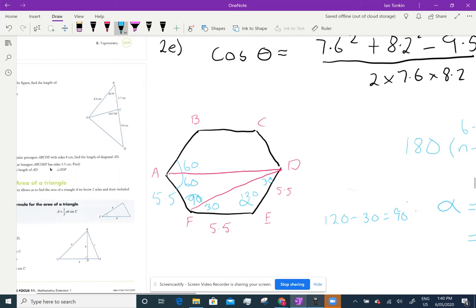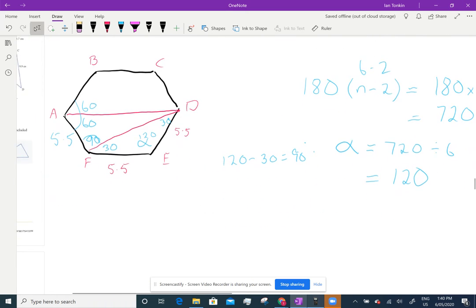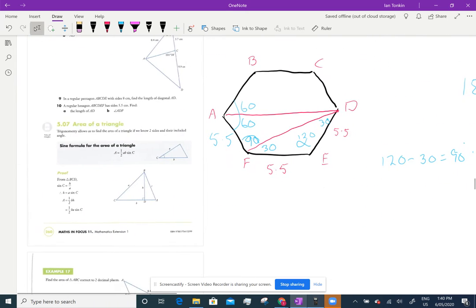So let's use the cos rule to find FD. And already I've got this angle in here. If that's 90 and that's going to be 30, I don't even need the cos rule.